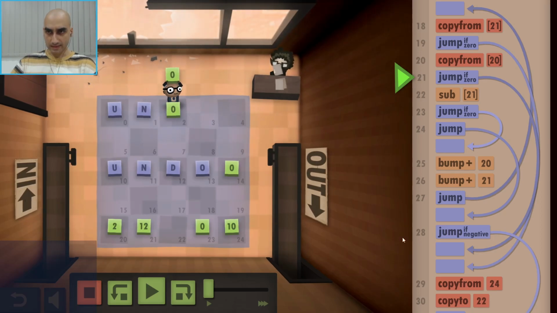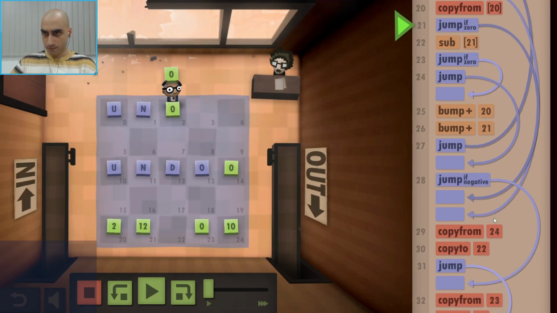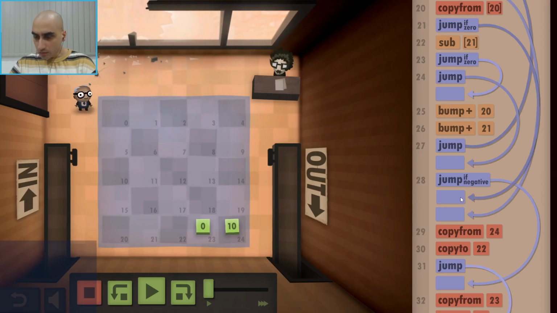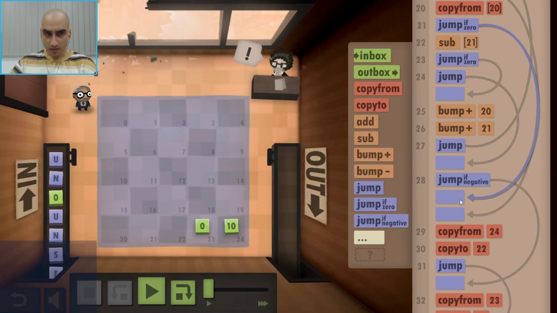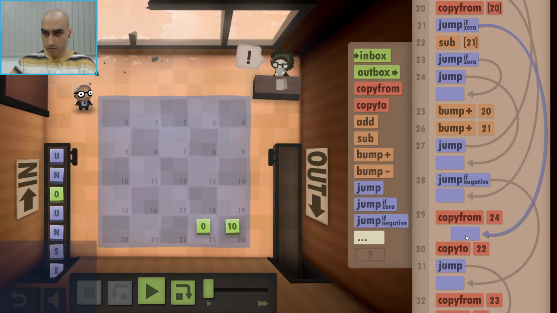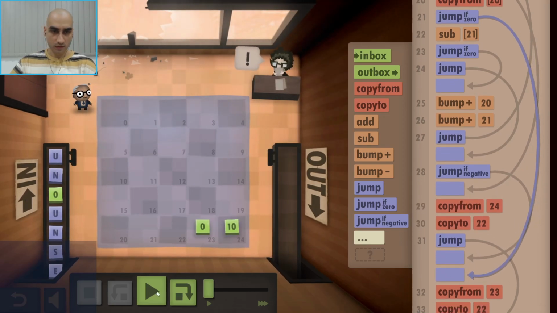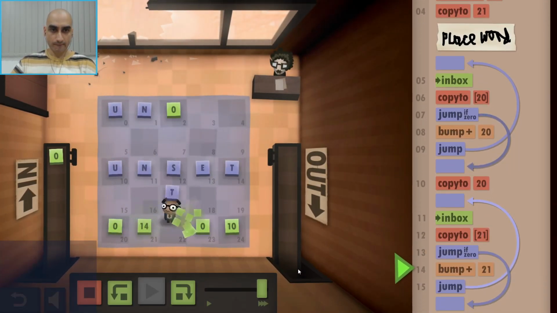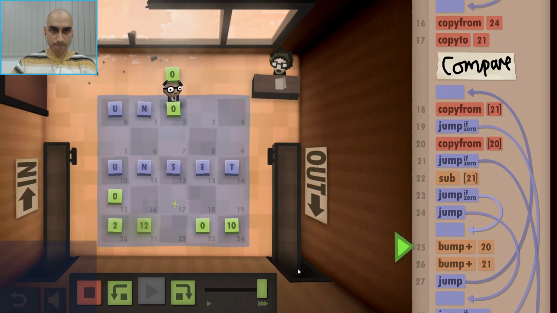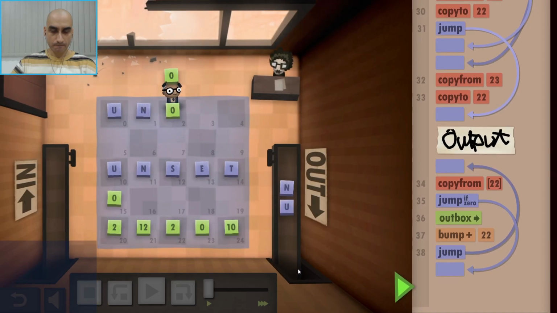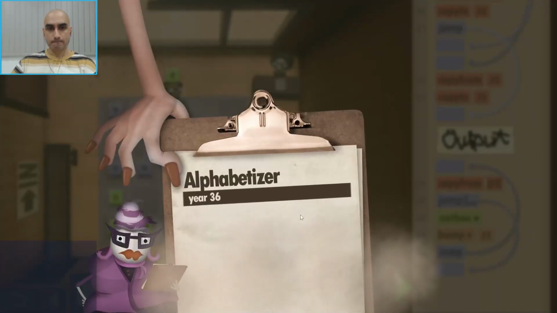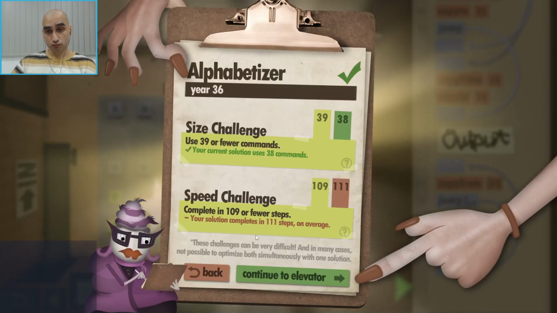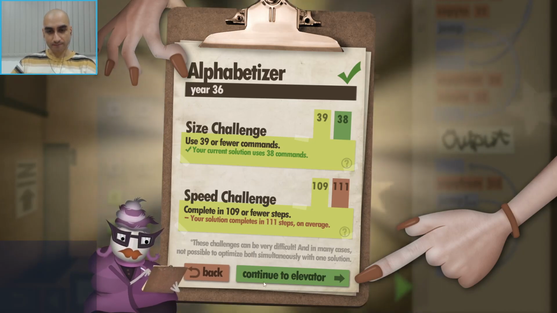Jump if 0. We're jumping to the wrong place, are we? Can't even see where this arrow is going anymore. Then we should be going for the first word. Damn it. Okay. Nice. That's a cool program. Oh, very close. Don't care.